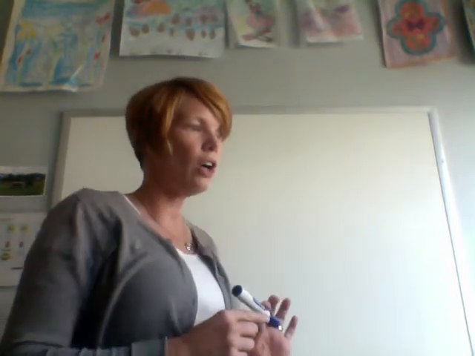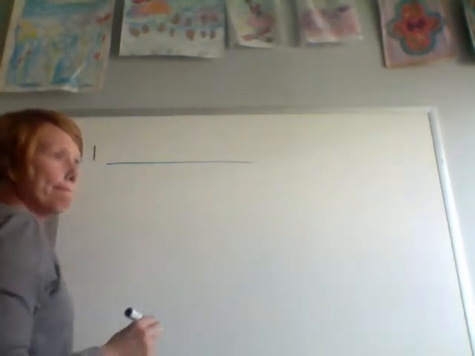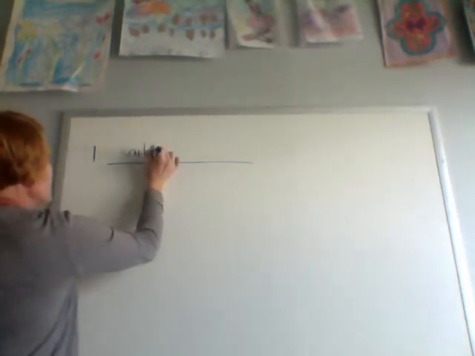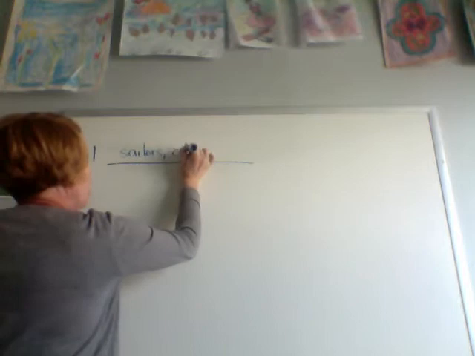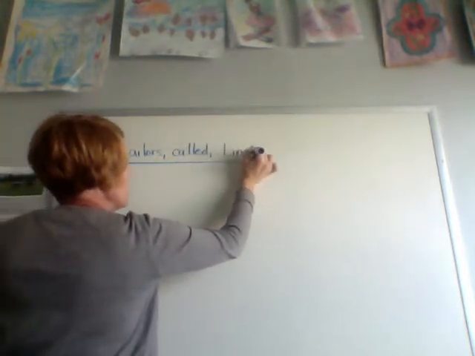So the first sentence says, English sailors were once called limeys, okay? So, Gina, what are your key words for that? Sailors called limeys. All right, we've got sailors called limeys.